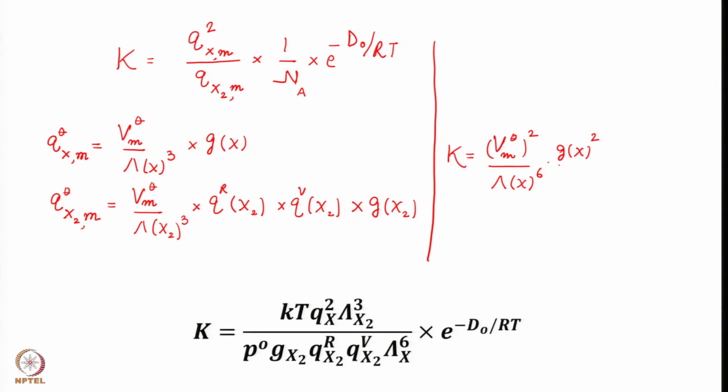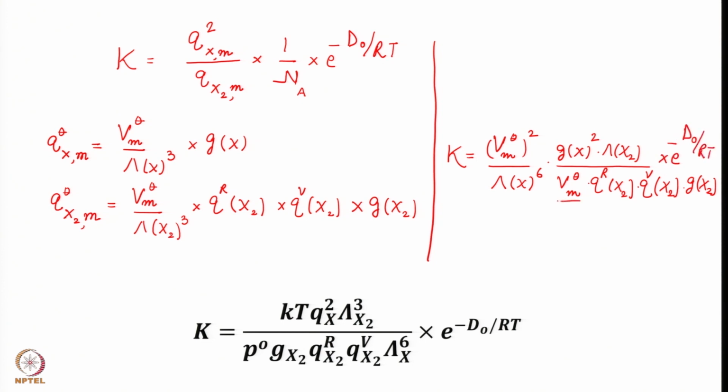Now divided by Vm naught lambda x2 into Qr x2 into qv x2 into g x2, and there is exponential minus D0 by RT.